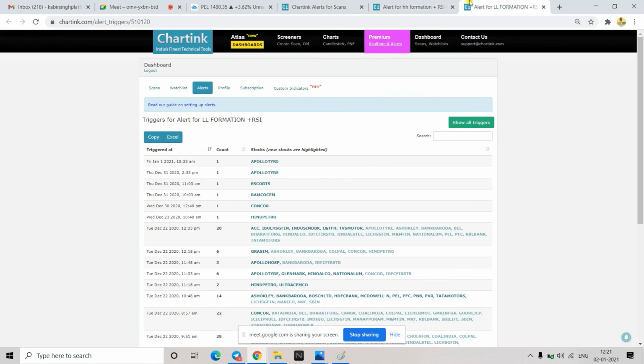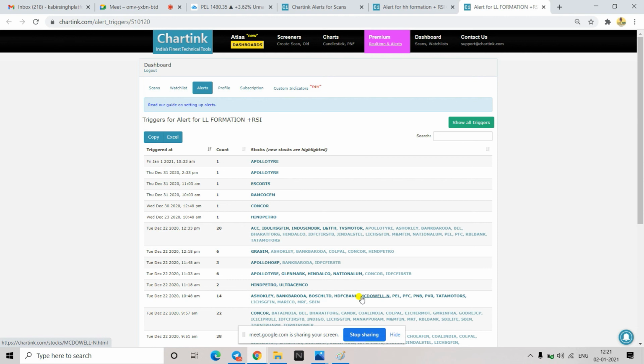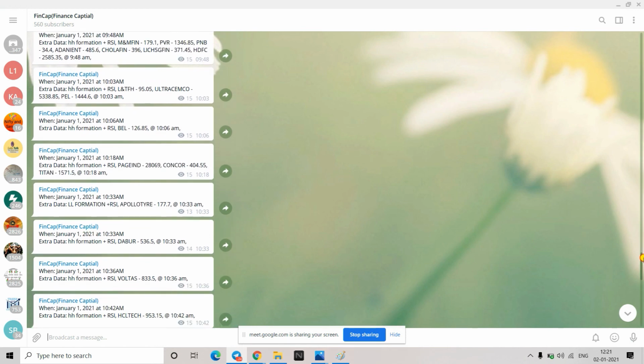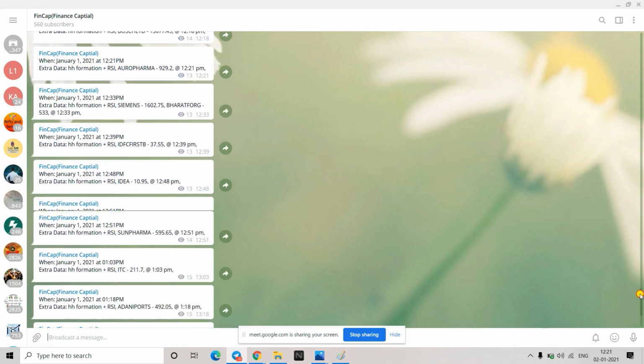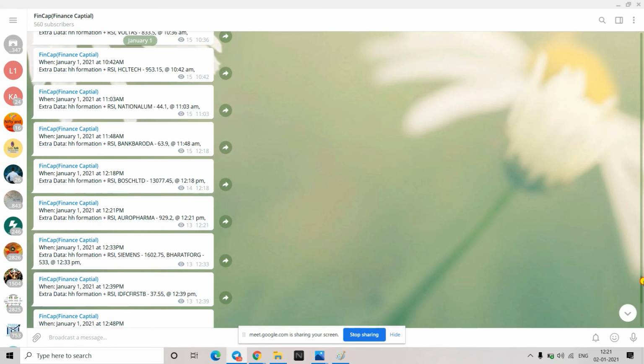In a similar way, we have the sell side also, the LL formation. In that we had at 10:48 Ashok Leyland, Bank of Baroda, HDFC Bank. We got these alerts. So if you just see the screener, I think for the LL screener the alert is not coming over here.